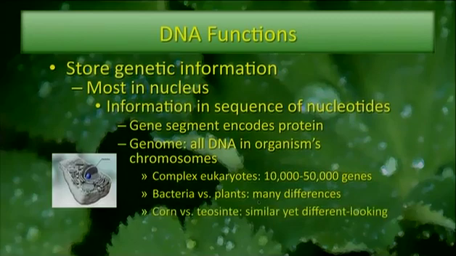Whereas plants that are closely related, such as corn and teosinte, have similar genes, yet they're very different looking. The little bit of difference in the genes between corn and teosinte allows them to be very different in appearance, what they physically look like, their phenotype.